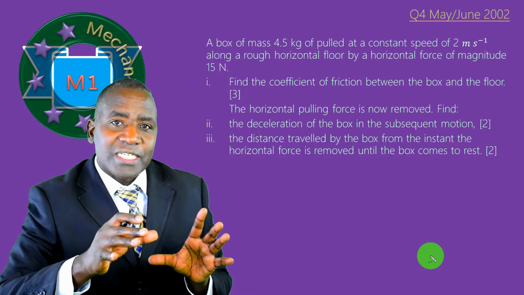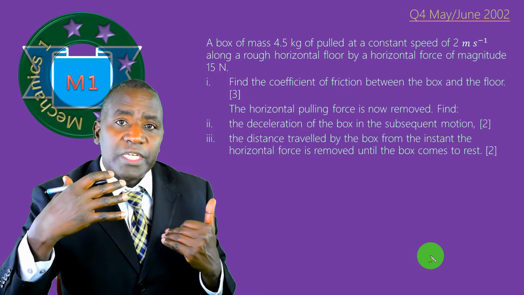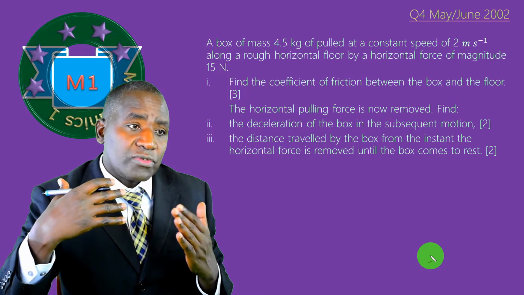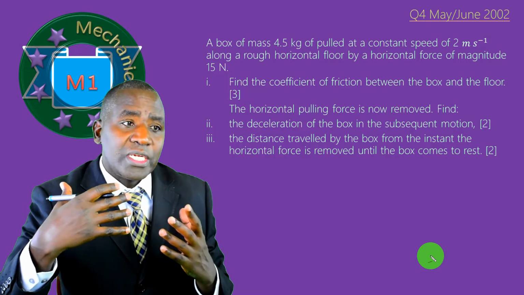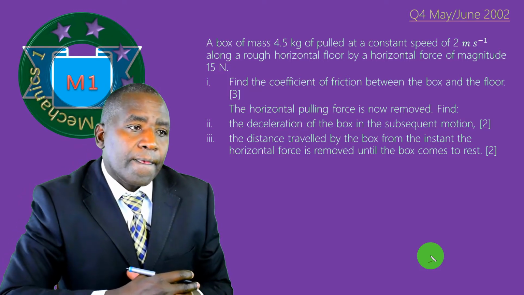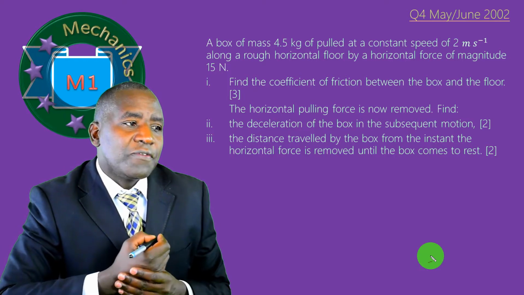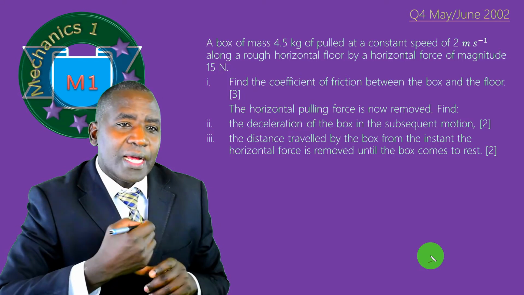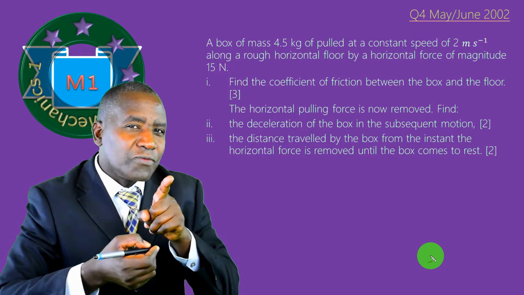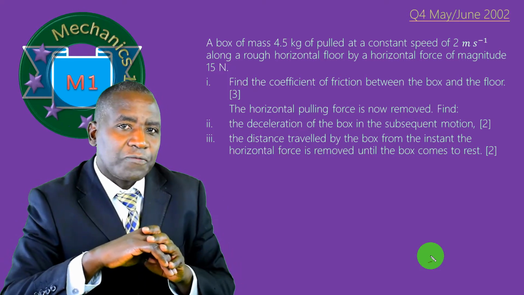It's moving with a constant speed, and we know what comes to mind when constant speed is mentioned. Acceleration is 0. We can work out the distance by doing speed times the time. And the horizontal force which is pulling it is 15 newtons. And yet we know that the resultant force on the system is 0, and there is a force acting to the right of 15 newtons.